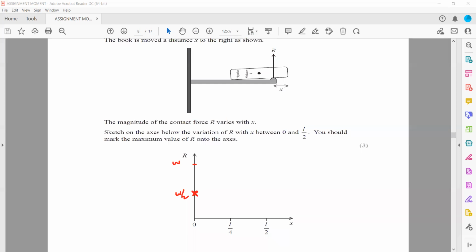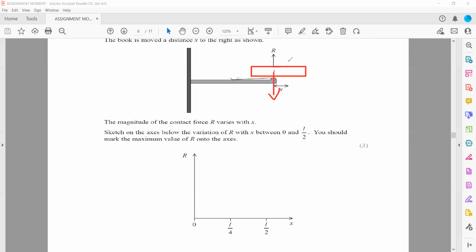Then we move this book till this position. If the total length is L and we move till this position, then the center of gravity, or the weight of the book, acts here.